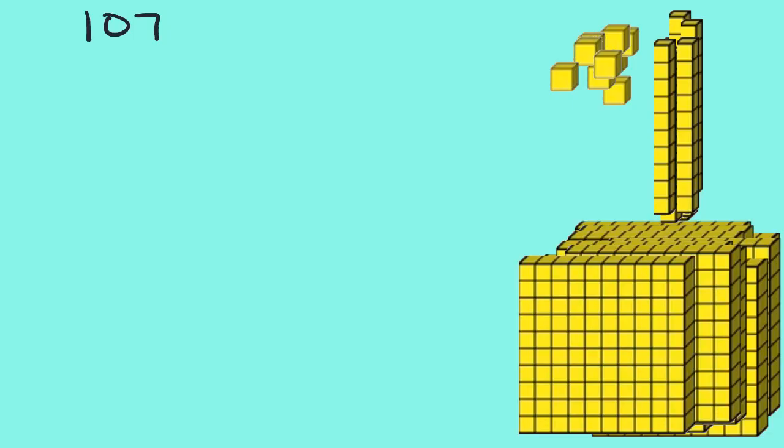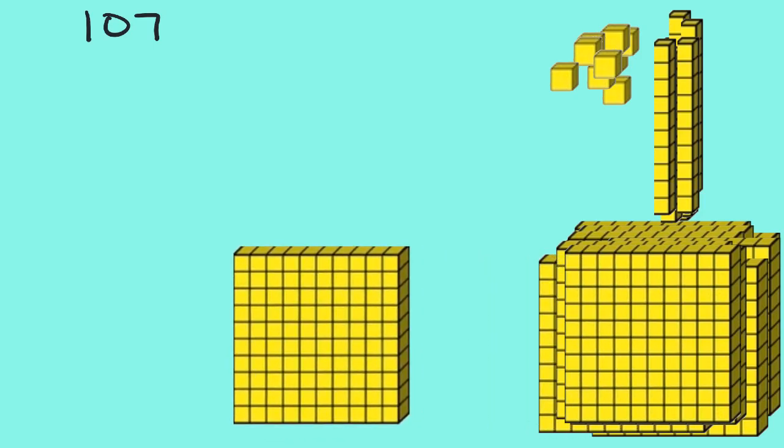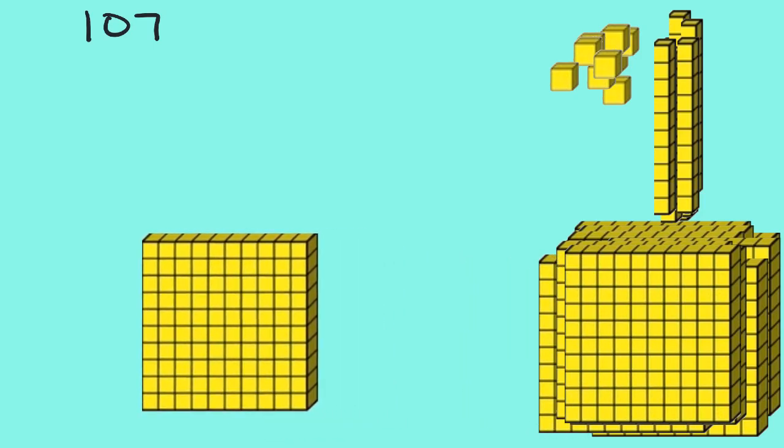Alright, so we have the number 107, and we want to use our base 10 blocks to show 107. Boys and girls, we know that the big block here, this big sheet of them, is worth what value is that blocks?